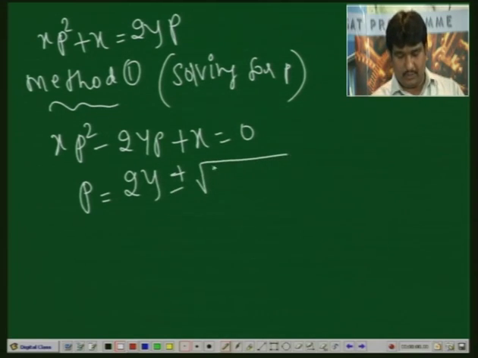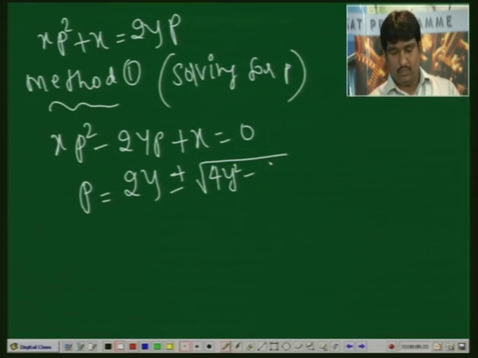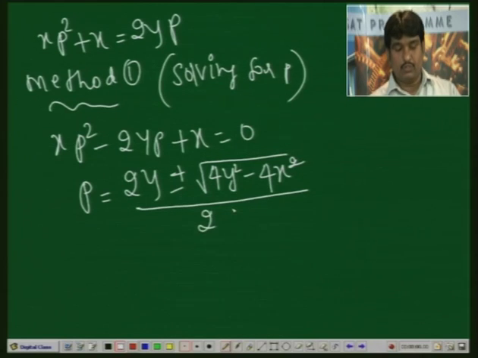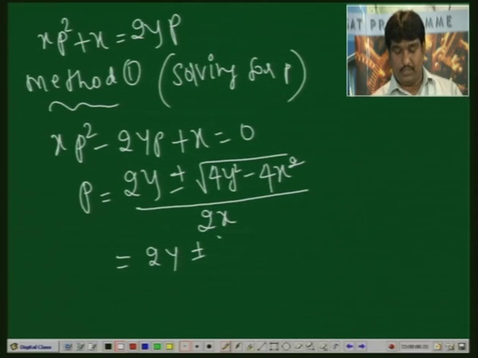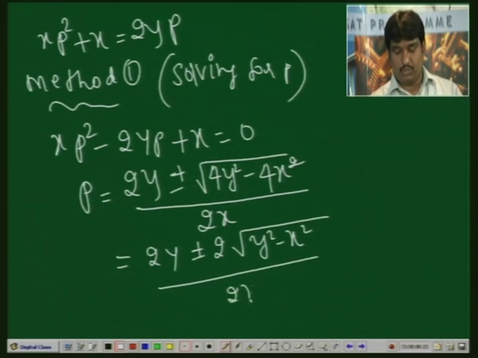B square is 4y square, 4ac is 4 into x, 4x square, divided by 2a. A is x, divided by 2x. Now simplify this. This is 2y plus or minus, take 4 outside to get 2 times root of y square minus x square, divided by 2x.